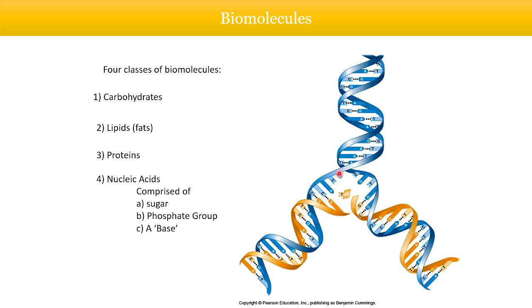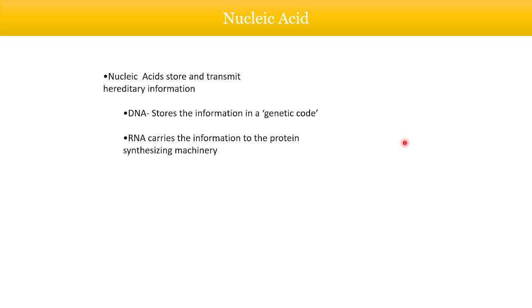And this is your double-stranded DNA that you're observing over here. These dotted lines are the different hydrogen bonds that are formed between the bases. Nucleic acids are mainly comprised of sugar molecules, the phosphate group, and the base. So what are nucleic acids?